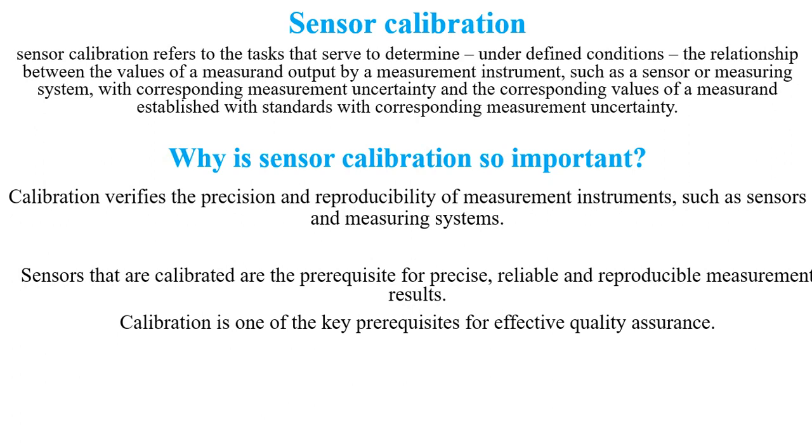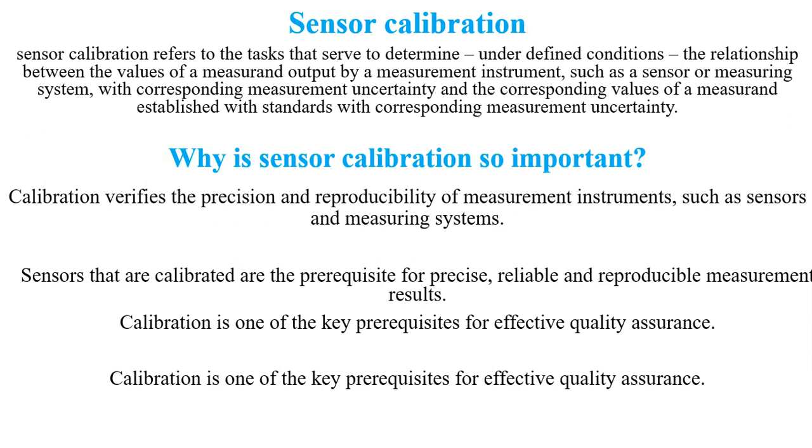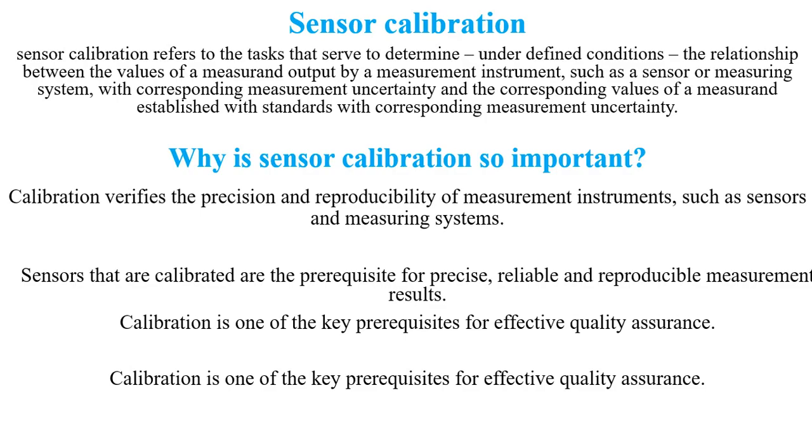So calibration is one of the key prerequisites of effective quality assurance. The values that we're going to get are the true representation of the real world. So calibration, as I said, is a prerequisite for effective quality assurance.